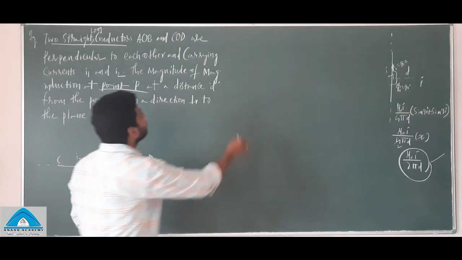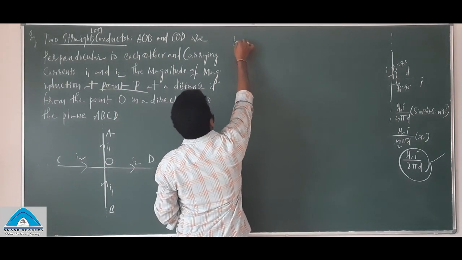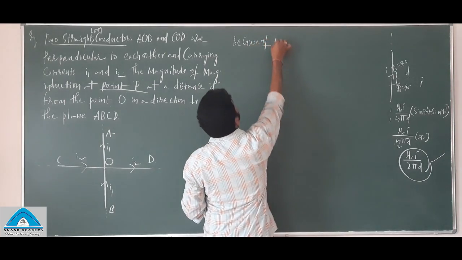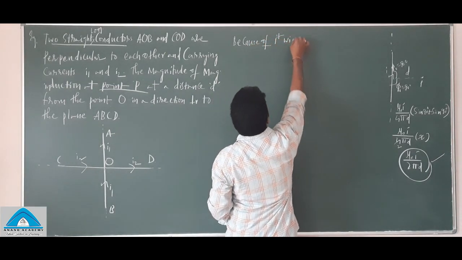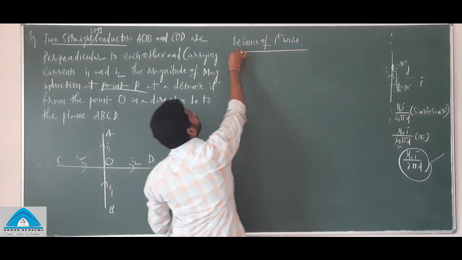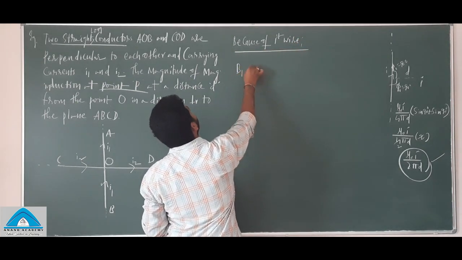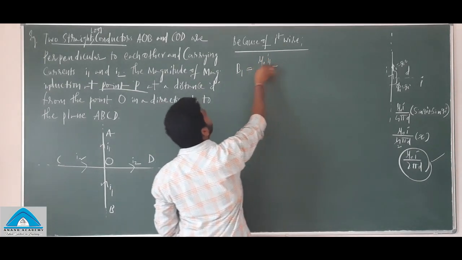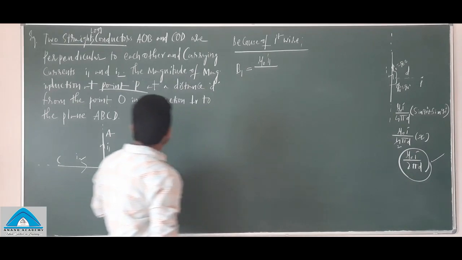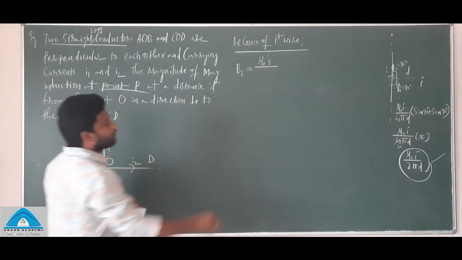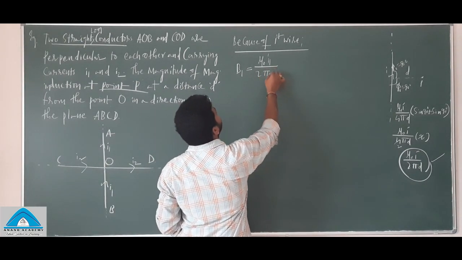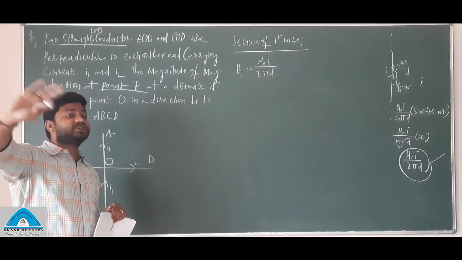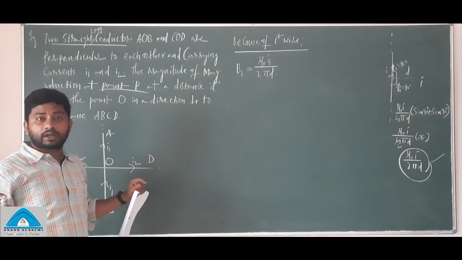So because of the first wire, the magnetic field at the point P is mu naught I1 by 2 pi d, where I1 is the current flowing in the first wire. Okay. Forget about the direction. Direction is the next topic.